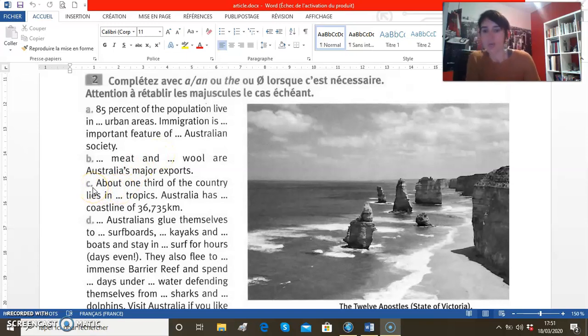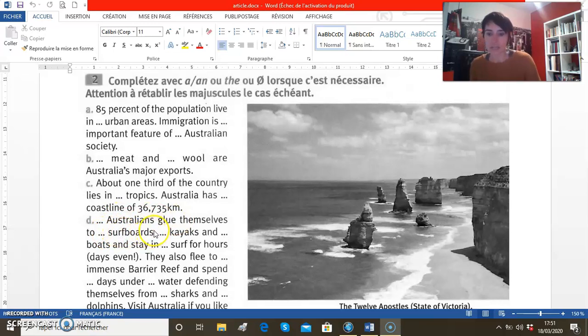C. About 1/3 of the country lies in the tropics. Australia has a coastline of 36,735 kilometers. Australians, so general idea of the people of Australia, glue themselves to surfboards.